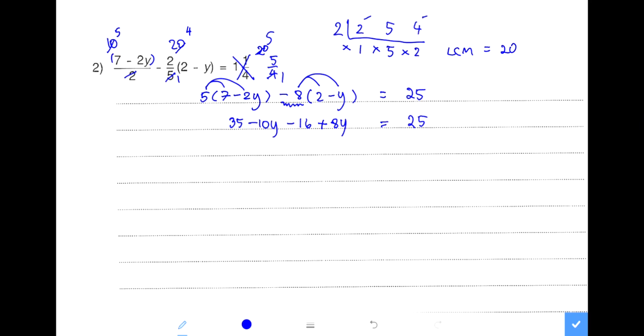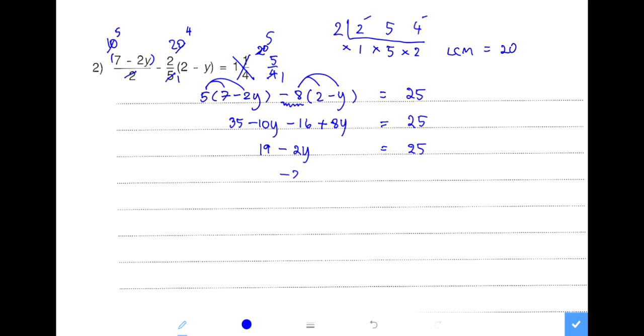Okay, let's do the math now. So 35 minus 16 is 19, right? 35 minus 16 is 19, okay? And then negative 10 plus 8y is negative 2y, and that is 25.